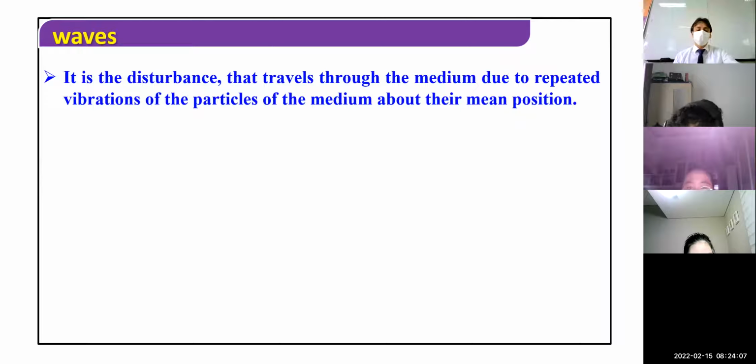A wave is actually the disturbance which repeats periodically. The particles vibrate, they oscillate about their mean positions, backward and forward, up and down. It's a repeated vibration, children. It's a periodic motion.